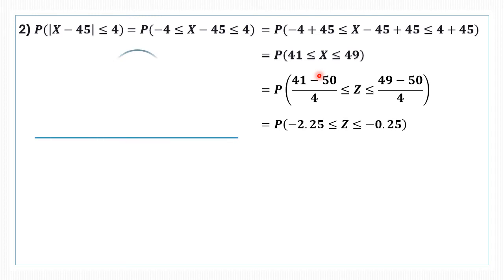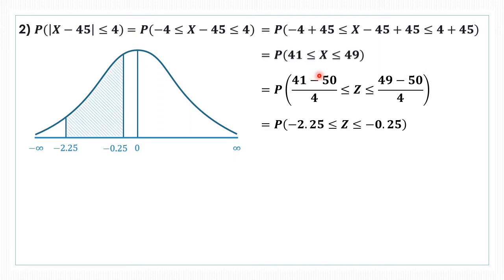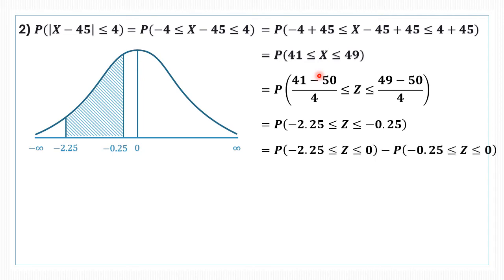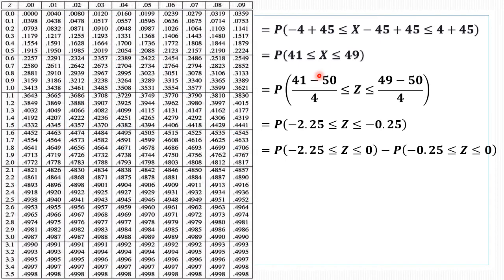Now naturally this is not a value which we can get without a table. So negative 2.25 and negative 0.25 and the area between these two, this is the highlighted area for which we are going to calculate. So it will be negative 2.25 to 0 and negative 0.25 to 0. For this we will need a table. So starting with 2.25, so this is 2.2, right here, and 2.25 is right here, so 0.4878.